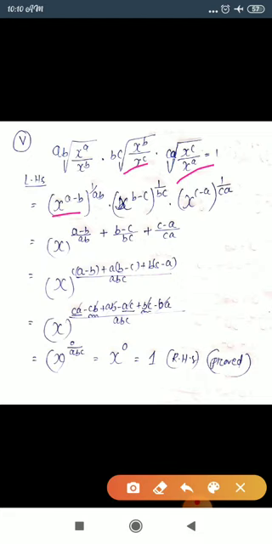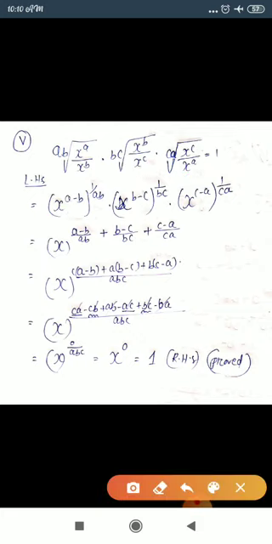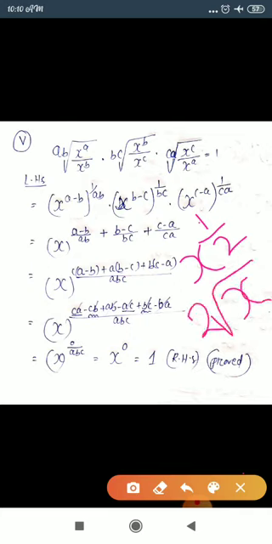But what about AB root, BC root and CA root? As I said, x to the power 1 by 2 means square root of x.